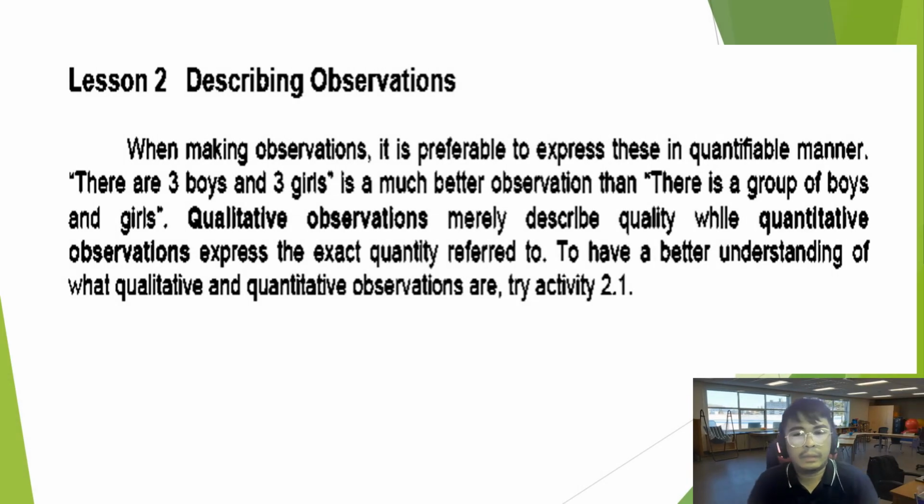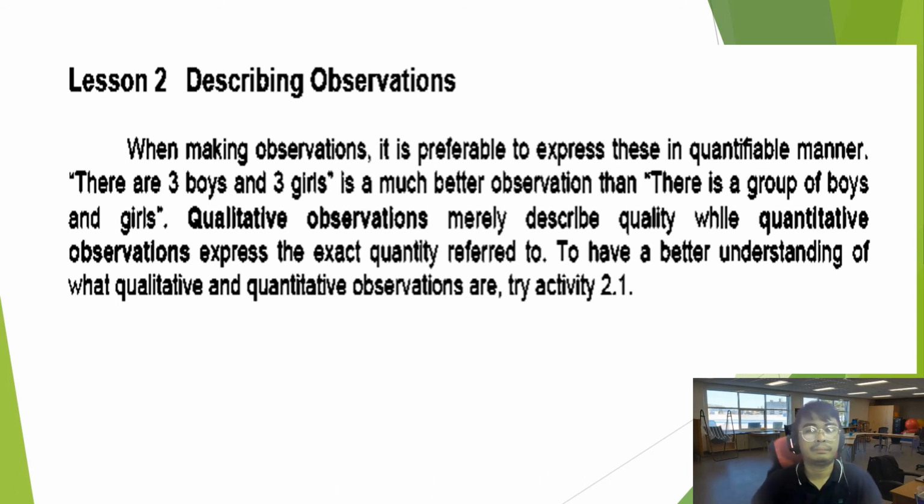Now, after differentiating observation and inference, you can now describe a particular observation, right? So it is stated here that when making observations, it is preferable to express this in quantifiable manner. Quantifiable. The root word is quantify.